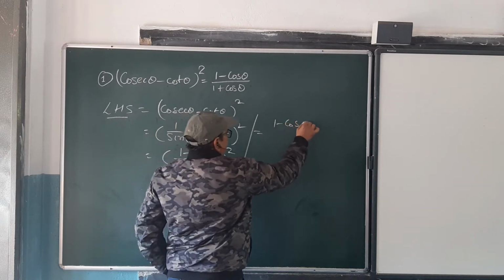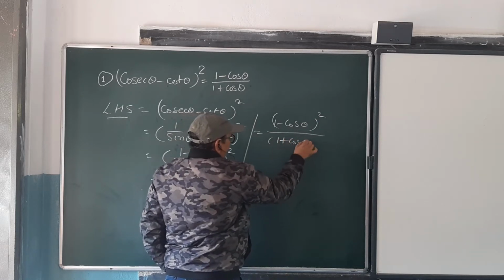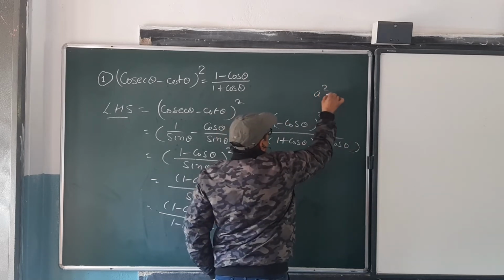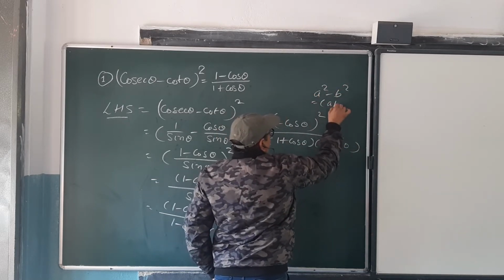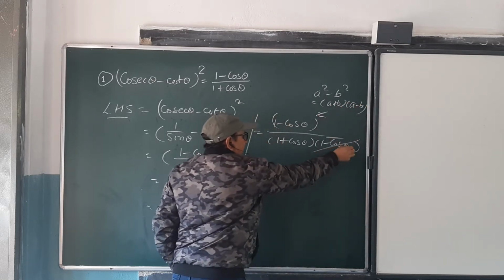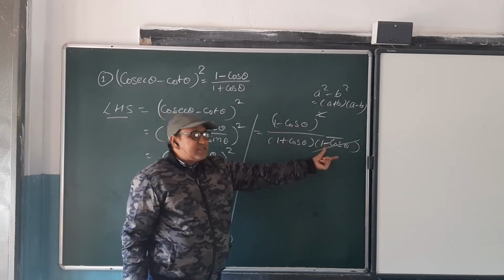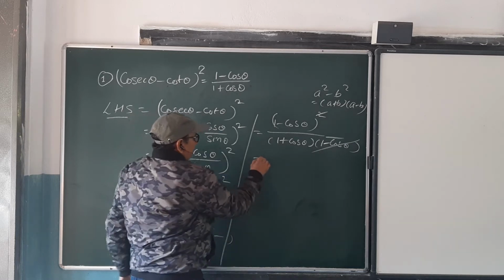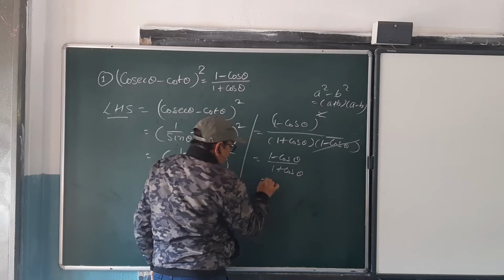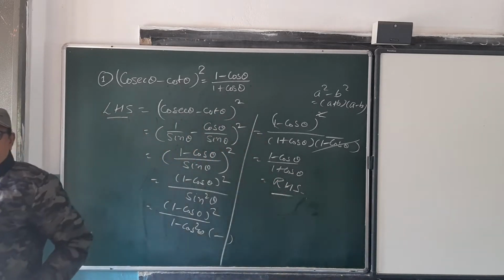So (1 minus cos theta) whole square upon (1 plus cos theta)(1 minus cos theta), because we apply a square minus b square equals (a plus b)(a minus b). Here 1 is the square. Clearly you can see (1 minus cos theta) whole square and (1 minus cos theta) cancel, and simply we get the RHS. So this is your first question out of 10. Clear?